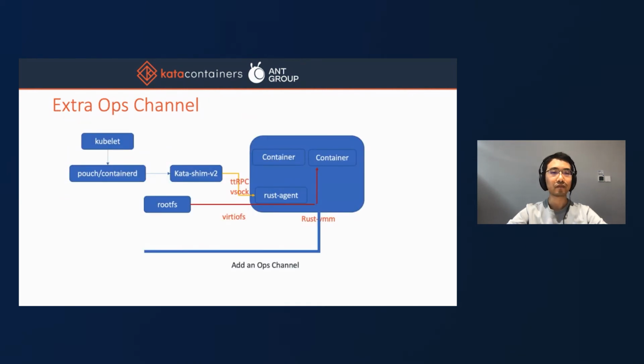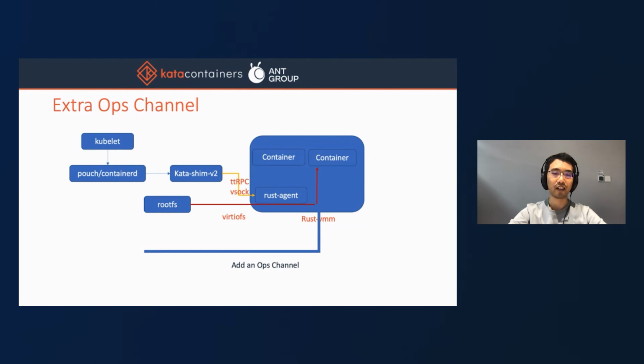And also, as we put Kata Containers in real-life usage and in production, we have some requirements from internal teams such as the SRE team. While Kata Containers is secure, it is less manageable than a virtual machine.